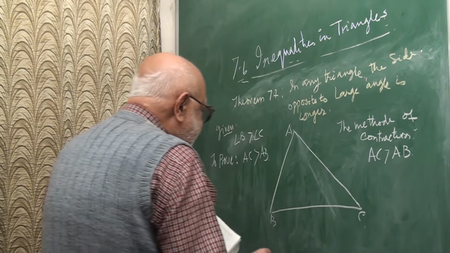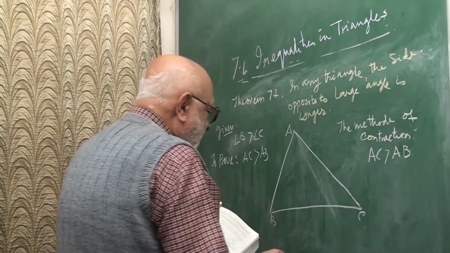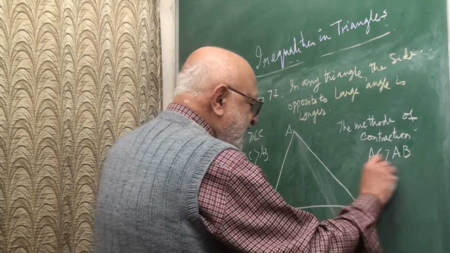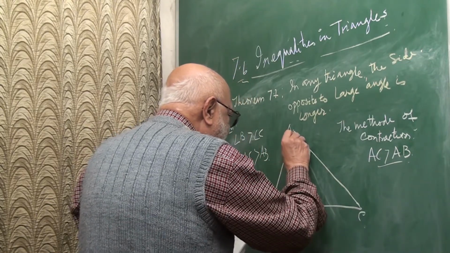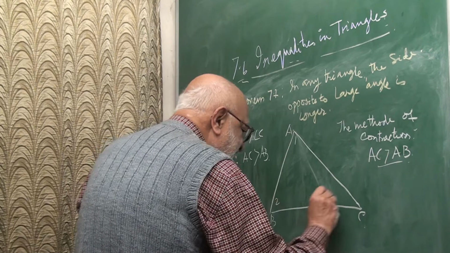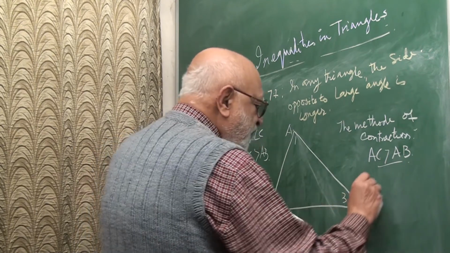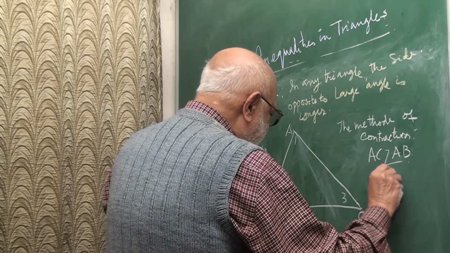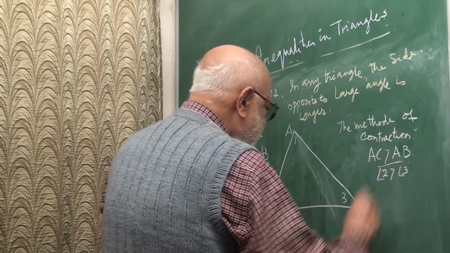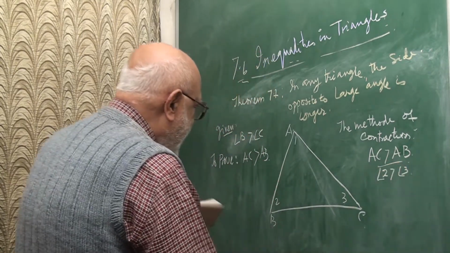Given is angle 1, angle 2, angle 3. We have to prove angle 2 is greater than angle 3. We have to prove that, okay?